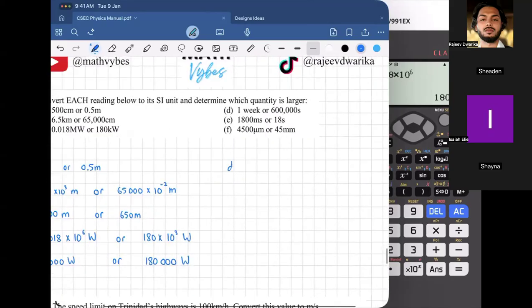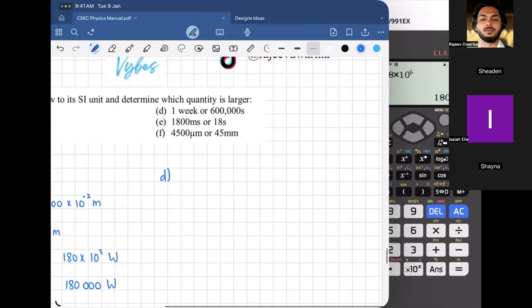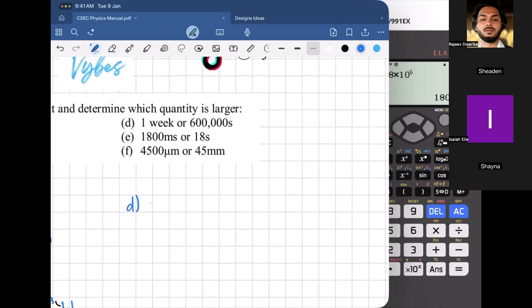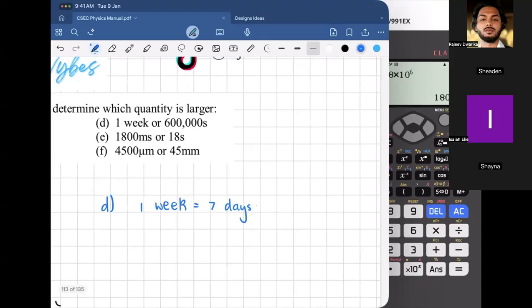Part D, 1 week or 600,000 seconds. What's the quantity we're measuring there? Time, right? So this one is a bit different. You had to use your common knowledge for this one. So in 1 week, how many days do you have? 7 days, right? And in one day, how many hours? 24 hours, right?